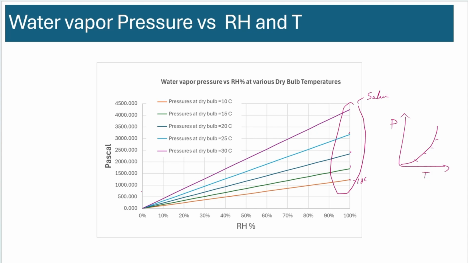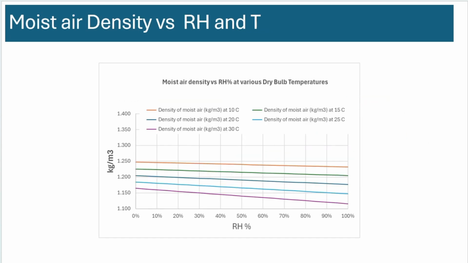The next one is the density variation with relative humidity. As we discussed in the class, moist air is lighter than dry air. So this is dry air, 0% humidity.